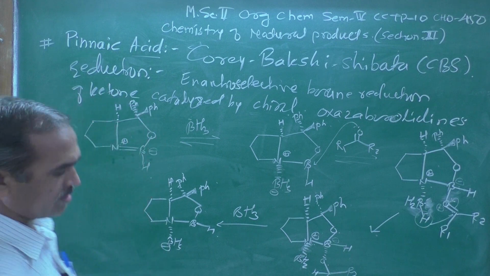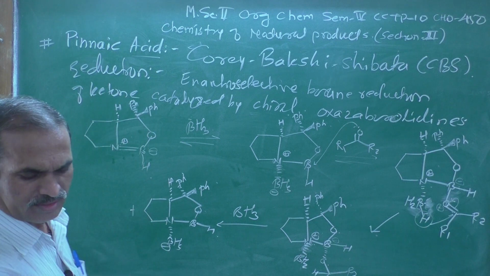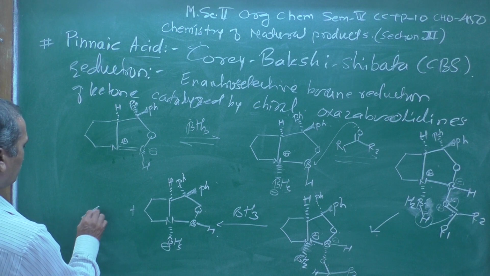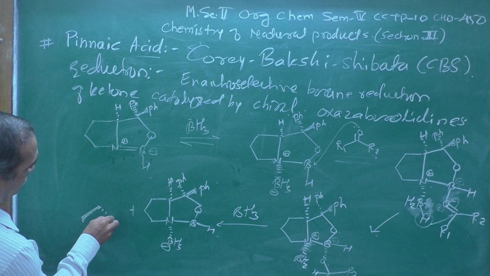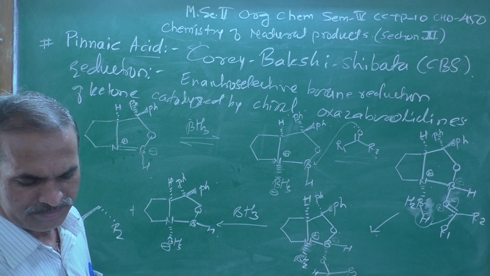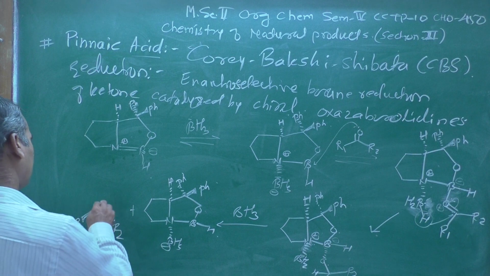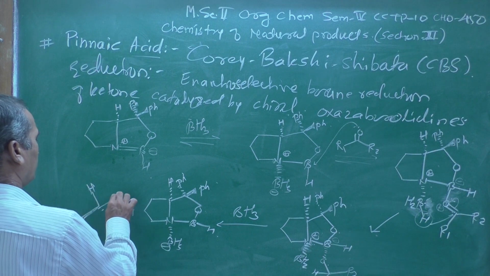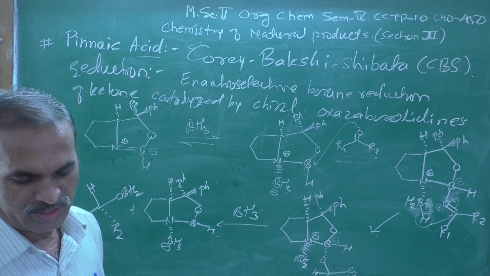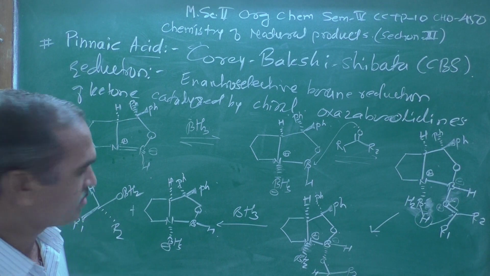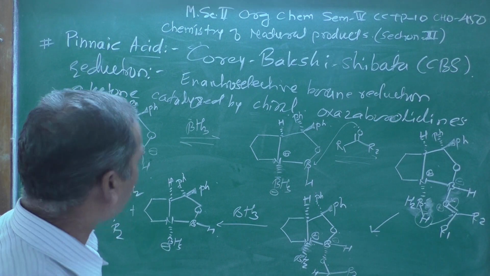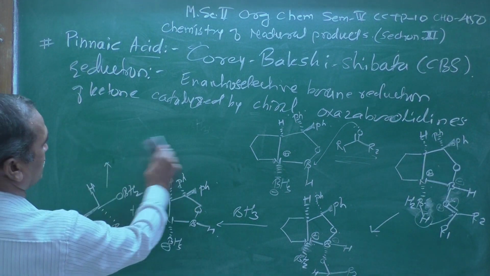Along with this we are getting the structure like this. I am showing this one R1, it should be R2, and then this is a hydrogen atom, and here OBH2 is formed over there, and this compound is further converted like this.